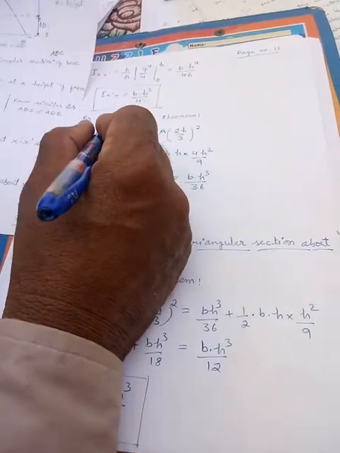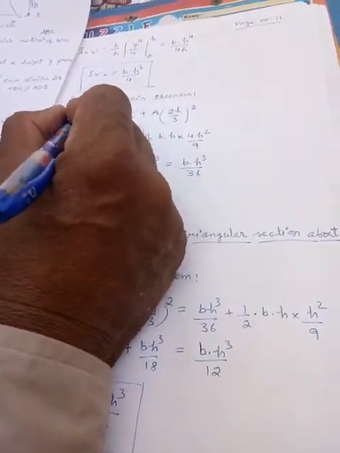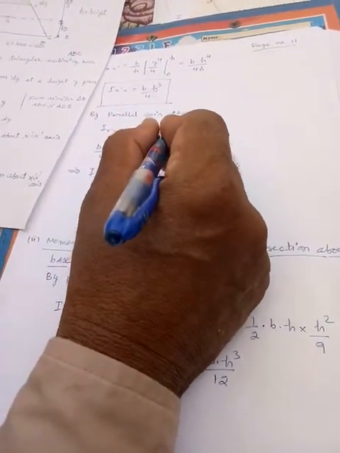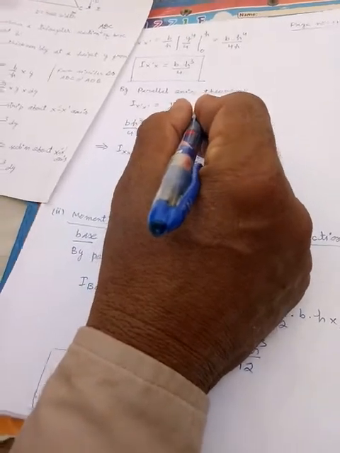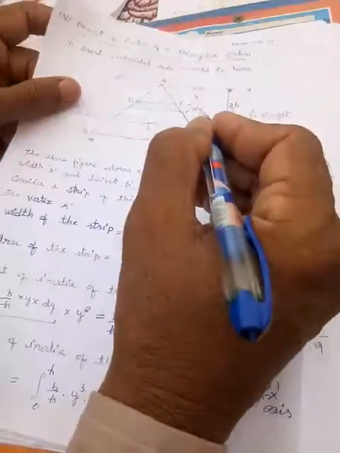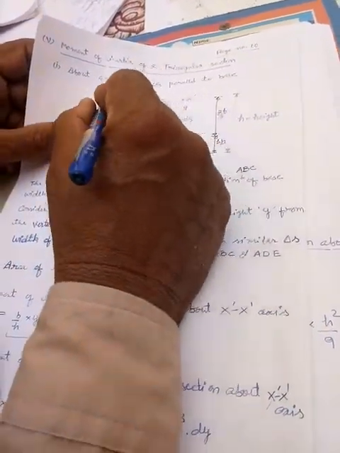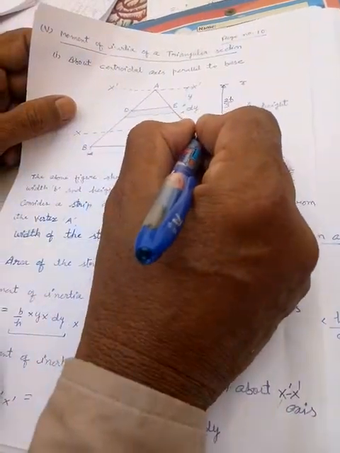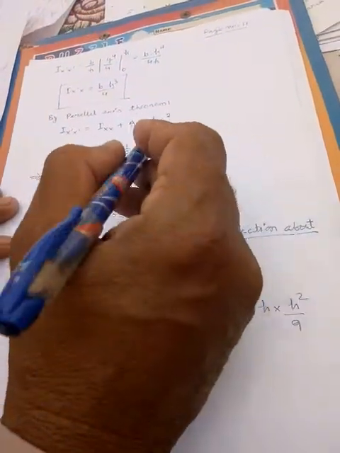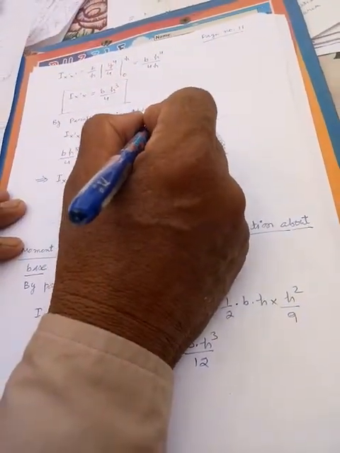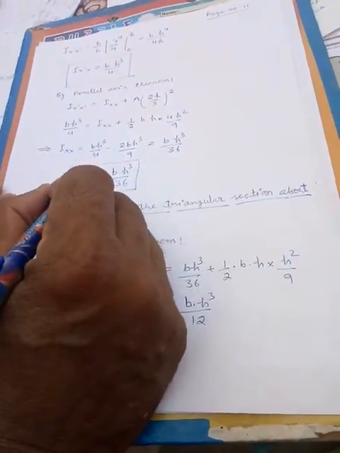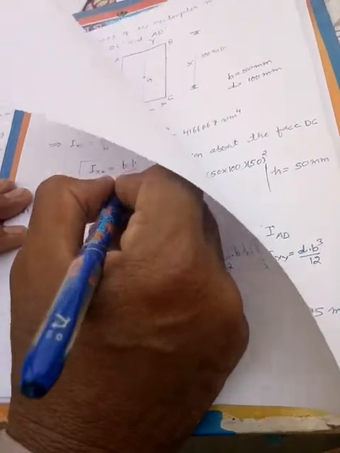So the moment of inertia about the x dash axis is equal to the moment of inertia about the centroidal axis plus the product of the area, which for a triangle is half into base into height, and the square of the distance between the two axes, x dash and the centroidal axis. The distance between the two axes is 2h upon 3. Simplifying this, we get the moment of inertia about the centroidal axis equal to bh cube upon 36.